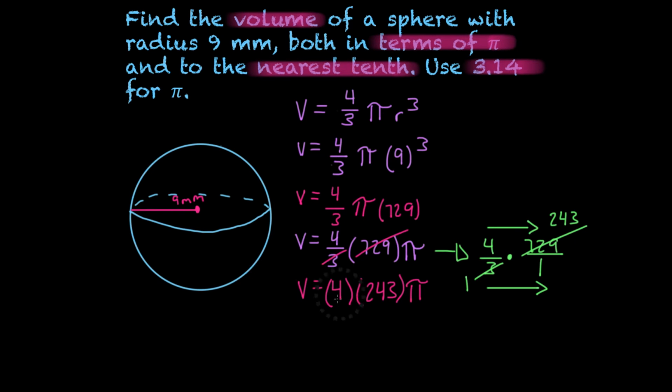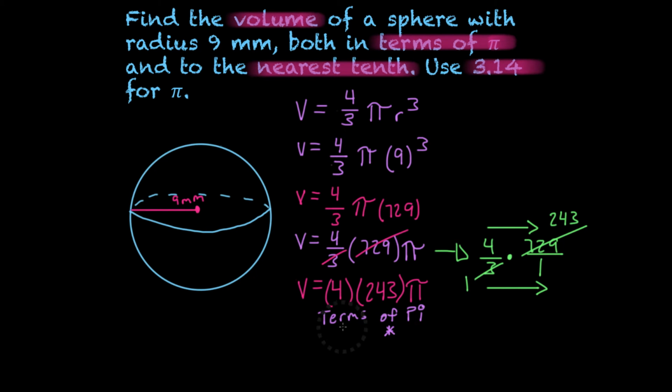My next step here is to multiply 4 times 243, but I'm going to be solving in terms of pi. A way of thinking about this is that "of" is a keyword for multiplication, so I can put that multiplication symbol here. Whatever value I get for 4 times 243 would drop straight down, and I'm going to bring that pi symbol down here. So when you're looking at a word problem that asks you to solve in terms of pi, just think of it as that multiplication symbol.